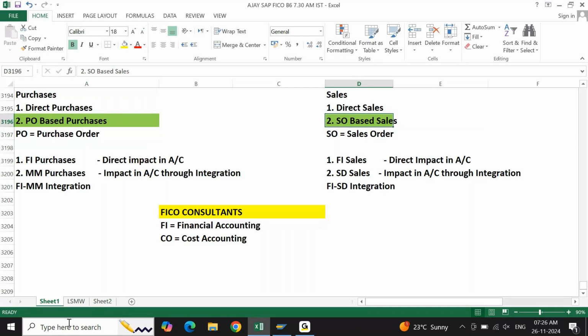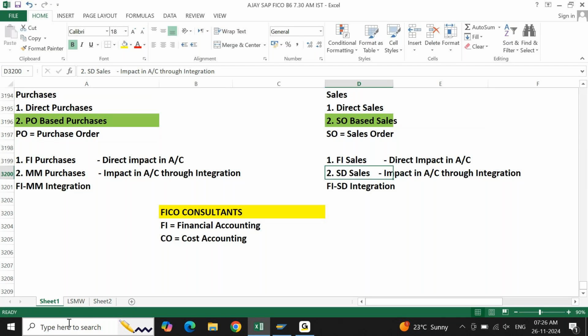Purchases based on the purchase order is part of MM module, MM data will come to FI module through integration called FIMM integration. And similarly, in any organization, sales are happening through sales order. Sales order is part of SD. SD data will come to accounting with the help of integration called FISD integration. In any interview that you attend related to FICO, are these two topics mandatory or not? FIMM, FISD integration?